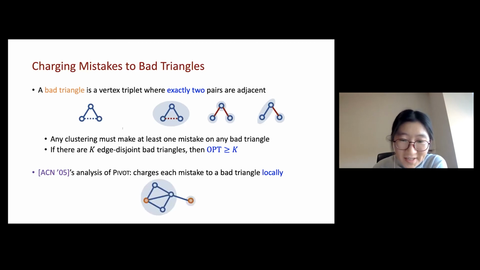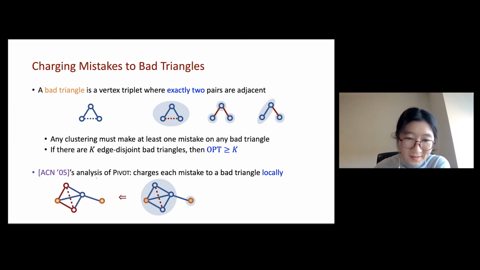So for example, in this baby graph, for this non-edge mistake, the analysis will charge it to this bad triangle here, which consists of the two endpoints together with their common pivot neighbor.